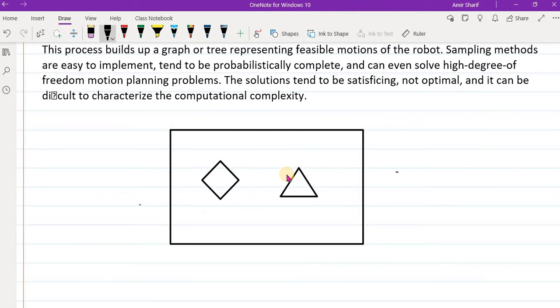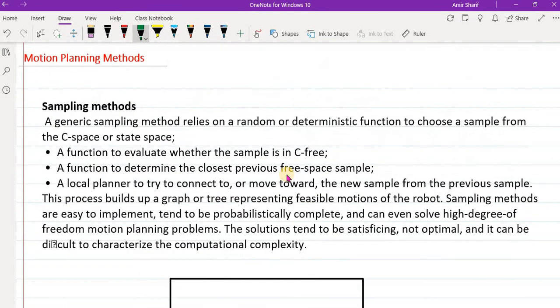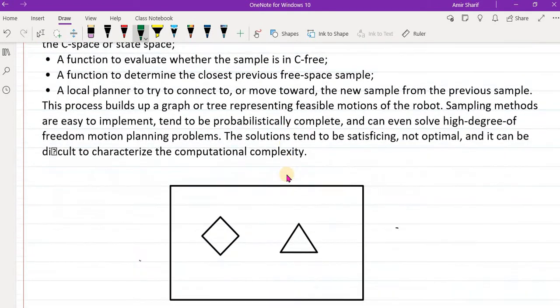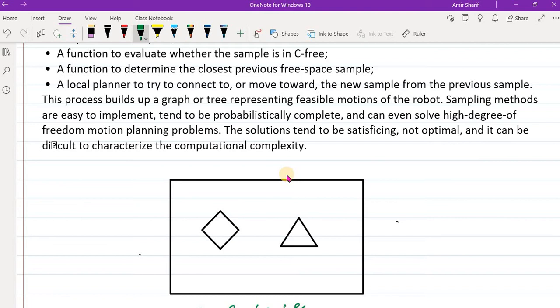These kinds of methods take random samples of your free space, C free. That is why they are called sampling methods, because they mostly use random samples of your C free.